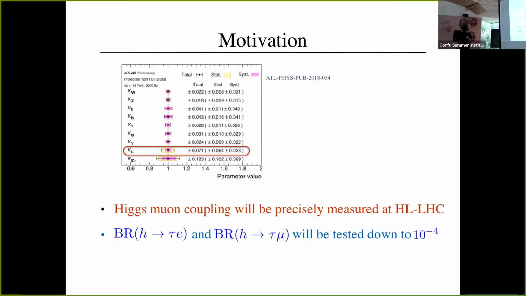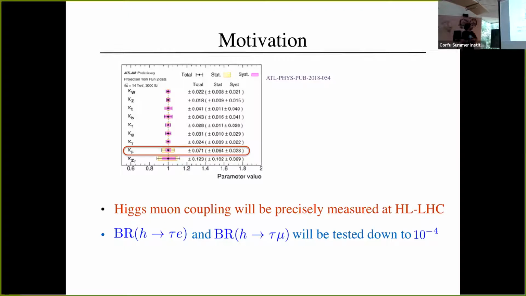But what's important here is a new coupling on this list, the coupling to muons, which is expected to be measured with a precision at the level of 7%, which is more or less, or even better than, some of the couplings to the third generation right now. So this is the place I'm really looking forward to seeing the result, because maybe it's the place where new physics can jump out.